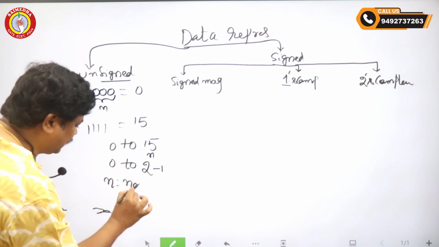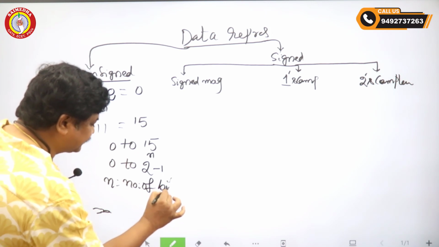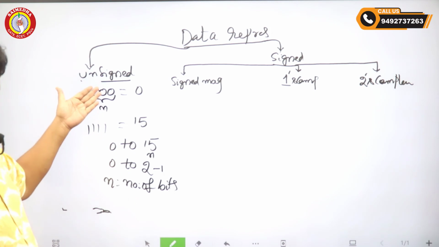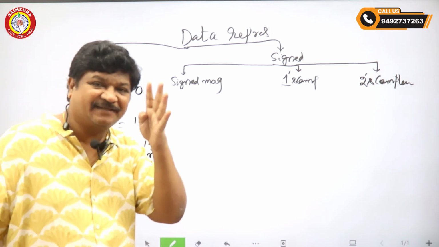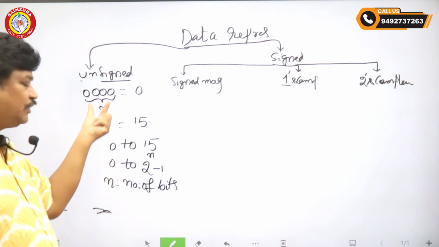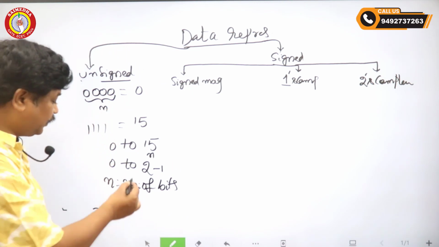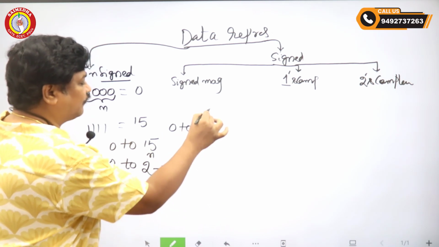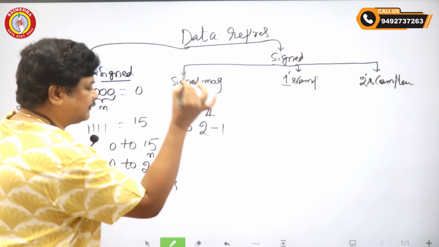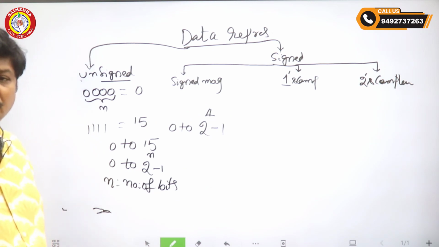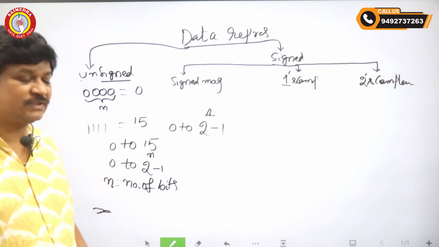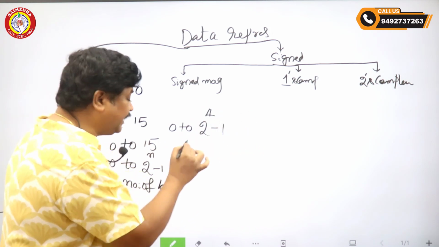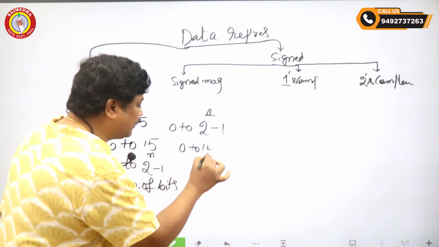Here 4 bits are used, so you substitute: 0 to 2 power of 4 minus 1. What is the value of 2 power of 4? 16. 16 minus 1 is 15. So 0 to 15.